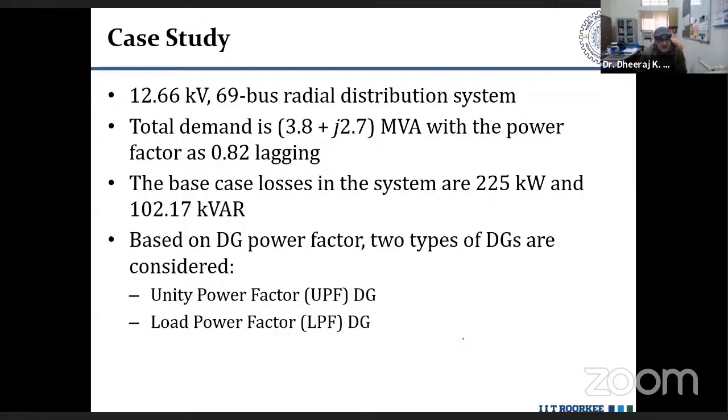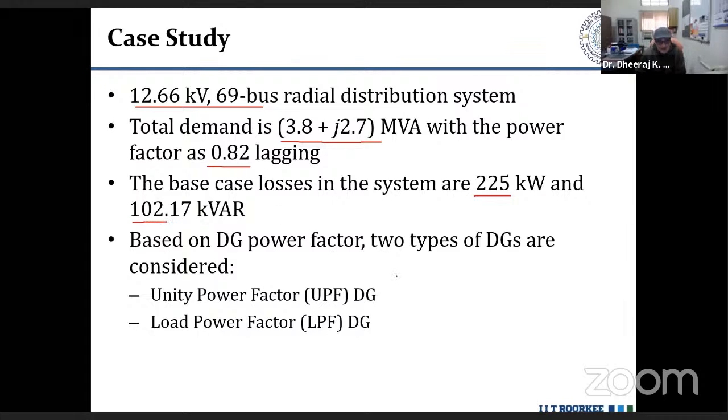We have applied this on a 12.66 kV 69 bus radial distribution network, which has this much load demand with a load power factor equal to 0.82. The losses before DG placement are 225 kilowatt and approximately 102 kVAR.